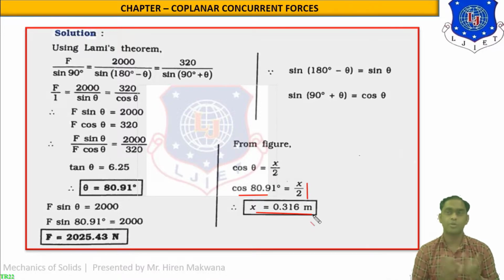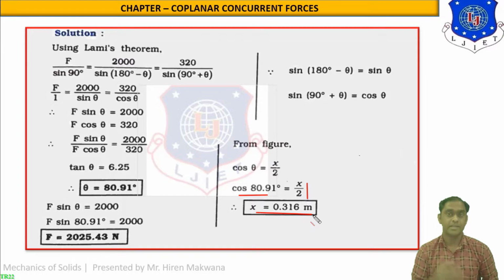So these are two separate numericals which are out of the topic, some logical numericals. You just practice these numericals, and here we are completing our topic Lami's theorem. By revising lecture number 1 to 9, you will just complete the chapter actually.